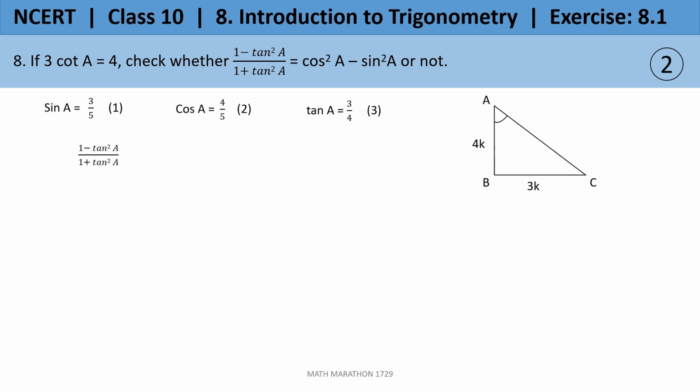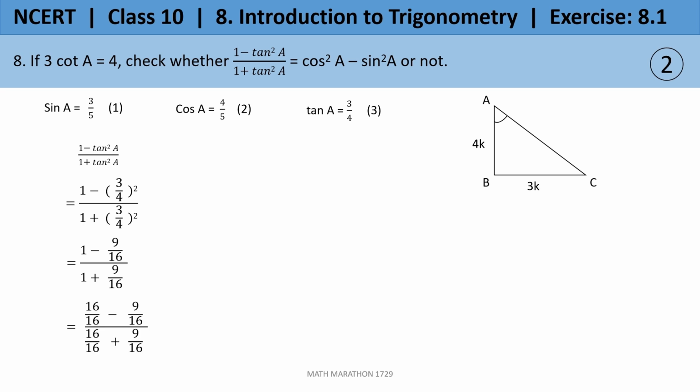Let us find the value of (1 minus tan square A) divided by (1 plus tan square A), which is equal to 1 minus (3 by 4) square divided by 1 plus (3 by 4) square, is equal to 1 minus 9 by 16 divided by 1 plus 9 by 16.